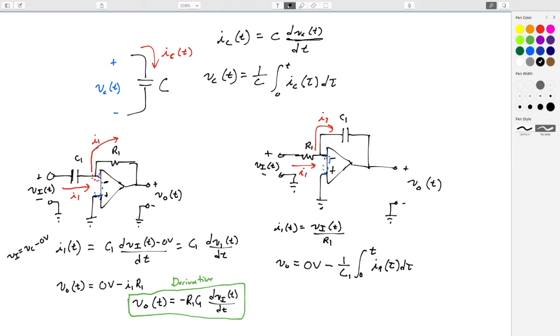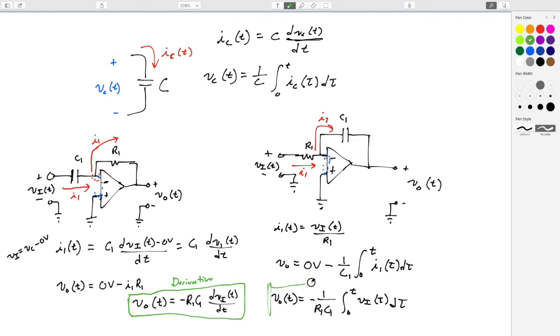Now we have another expression for I1, which is in terms of the inputs and the hardwired components here, so we could rewrite this as Vout as a function of time equals, get rid of the 0, there's going to be an over R1 we're going to pull out, so it'll be negative 1 over R1C1 integral from 0 to t of Vi of tau d tau.